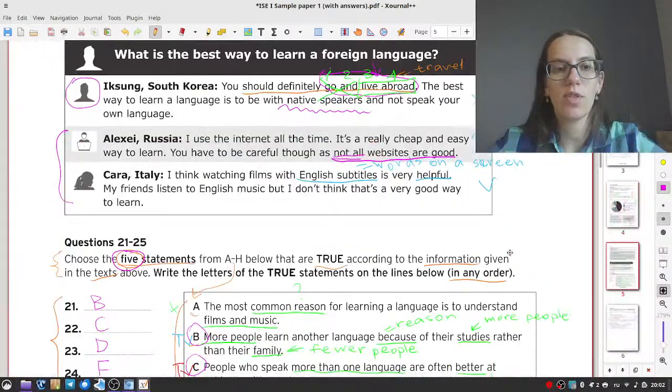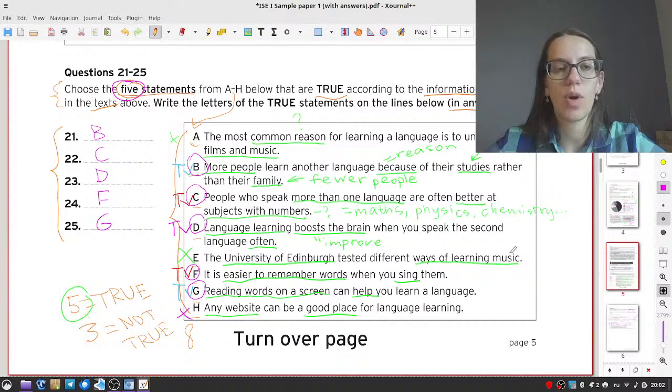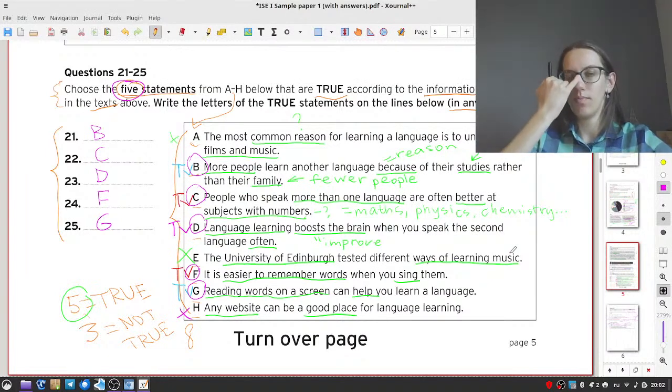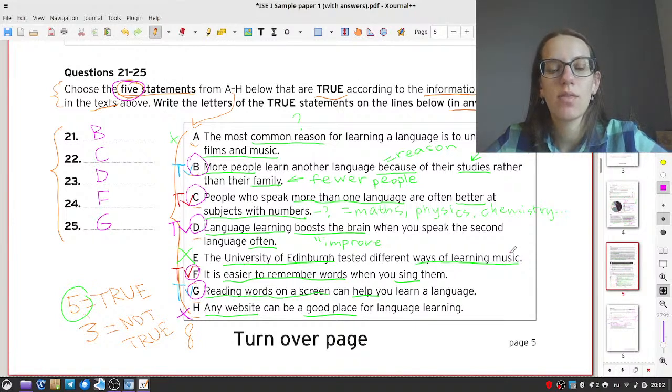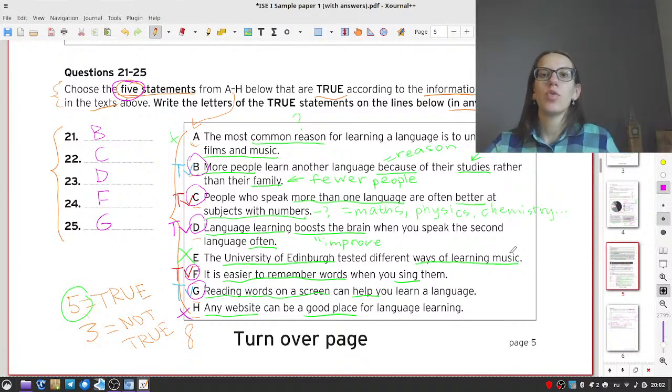The next type of question was true or not true. Notice that it's not true or false. Some questions in other exams ask you to say this is true or this is false. Here it's not like this.